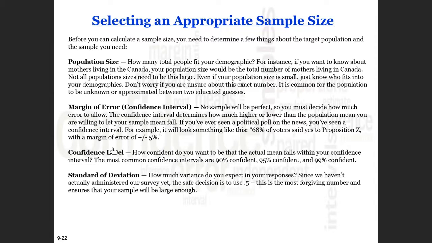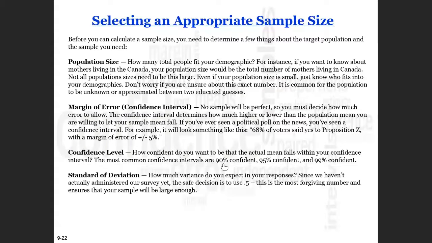So let's just go through these two things here. Your confidence level: how confident do you want to be that the actual mean falls within your confidence interval? The most common intervals are 90%, 95%, and 99%. When you see something that's 90% confident, I wouldn't be so confident about how accurate that survey or poll is. You can look at it and go, okay, we got 10% error.